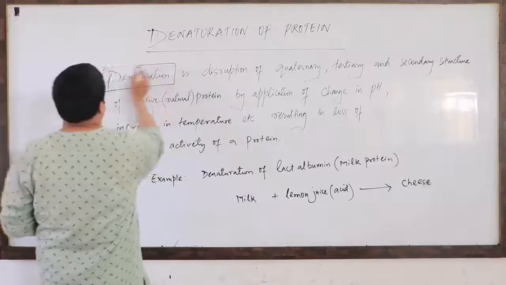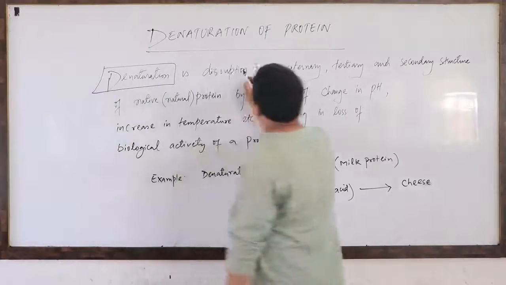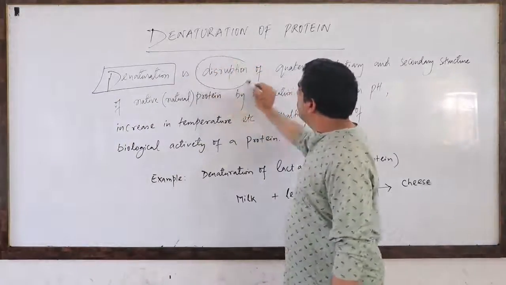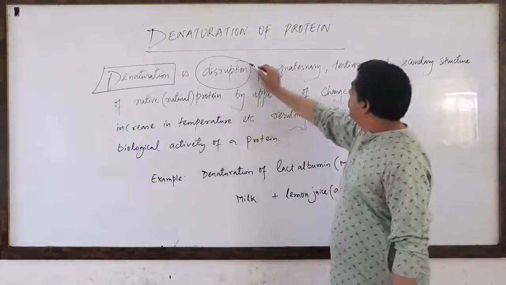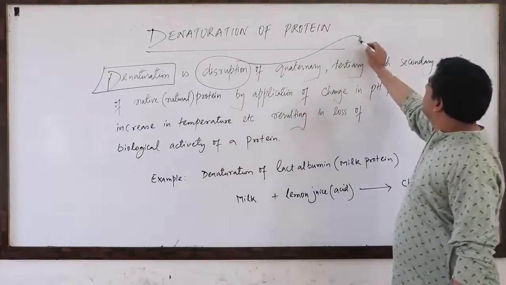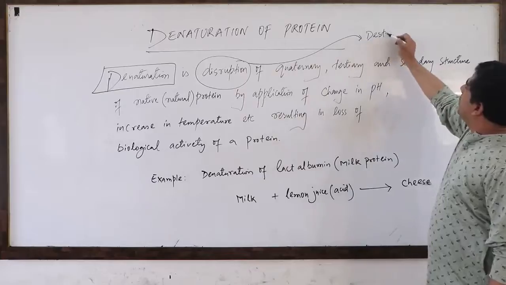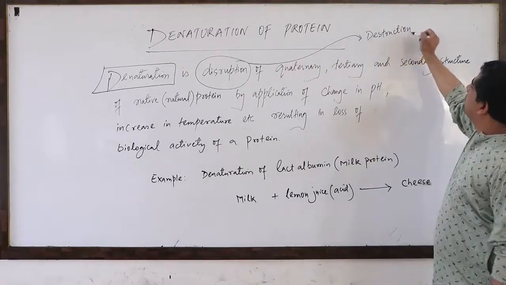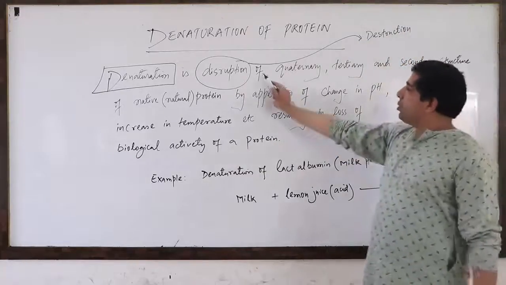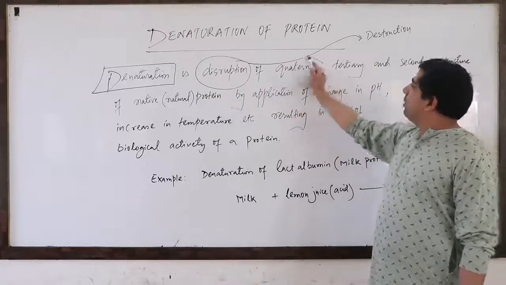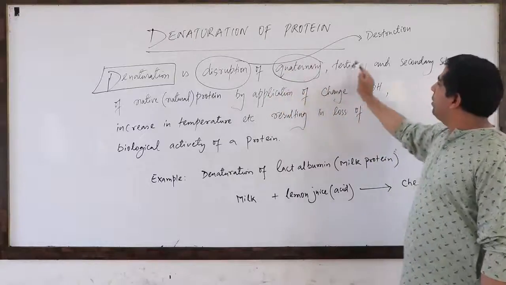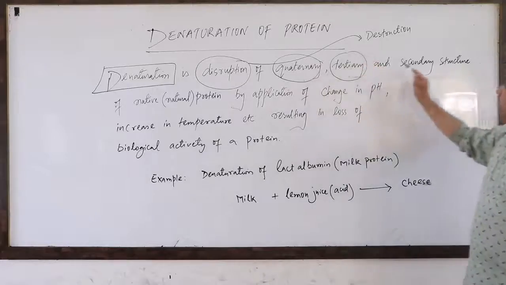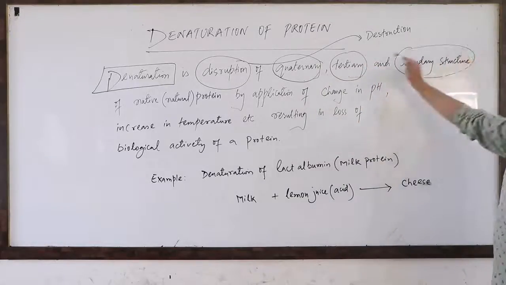Denaturation is basically the disruption. What is the meaning of disruption? Let's try to understand. You can also call it destruction. Destruction of which structure? The quaternary structure, tertiary structure and secondary structure of a protein.